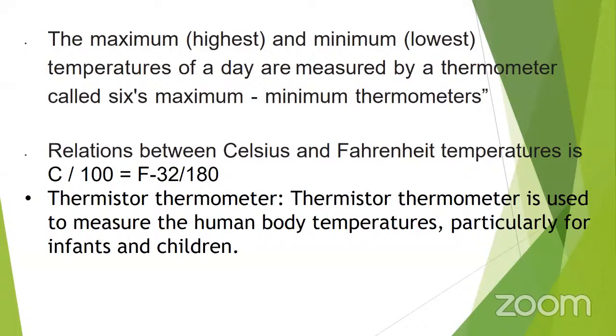for different purposes. But usually in weather forecasts, we hear the words maximum temperature and minimum temperature recorded at a particular place. Do you? Yes. So at a place, how can they record maximum and minimum temperatures? For that, we use the Six's maximum minimum thermometer.